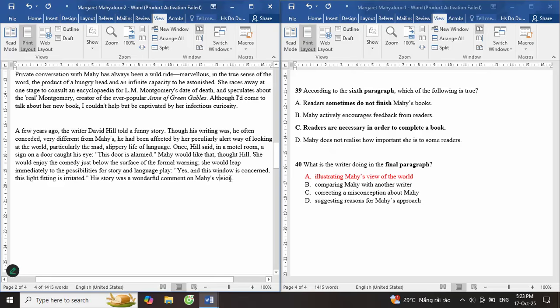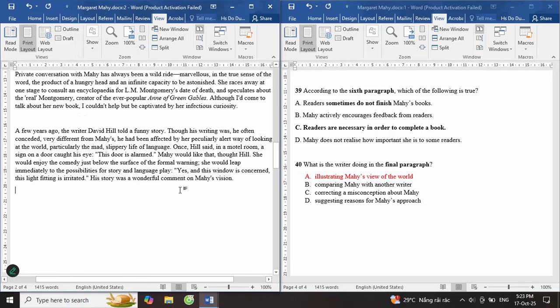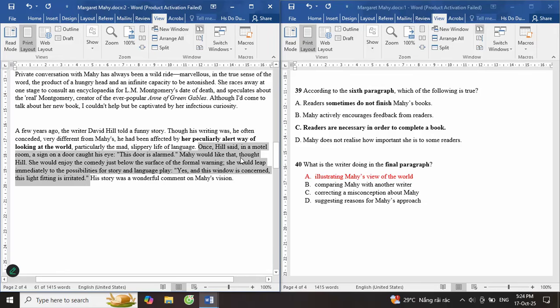But you have to consider the whole paragraph, not one sentence, for this question, because they are explaining her view to the world, her peculiar way of looking at the world. And then they make an example of how differently she would look at the world. This is the example to support this view here. And then they end the paragraph.